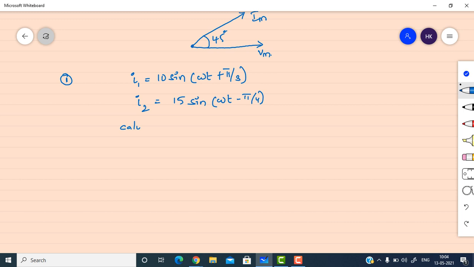Calculate the phase difference between them and draw the phasor diagram.